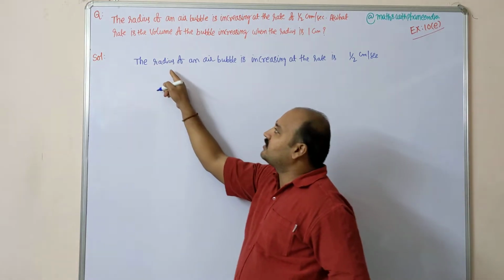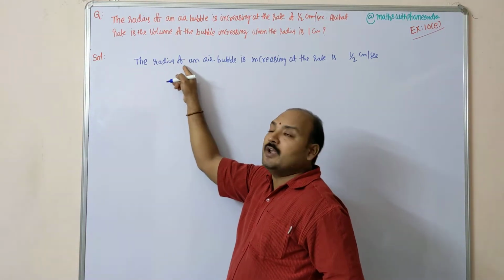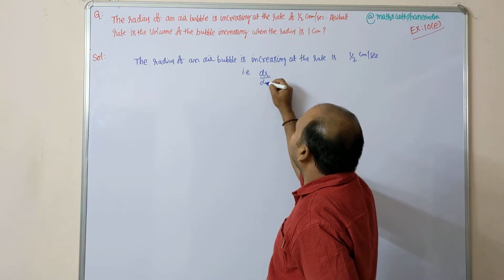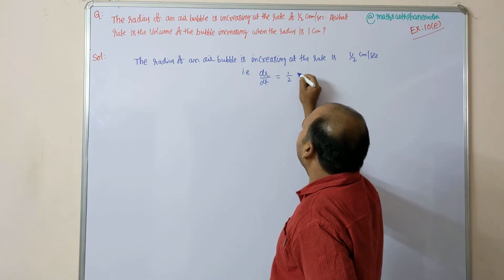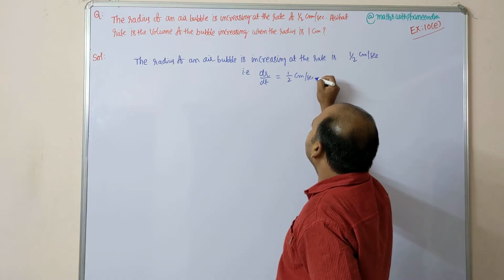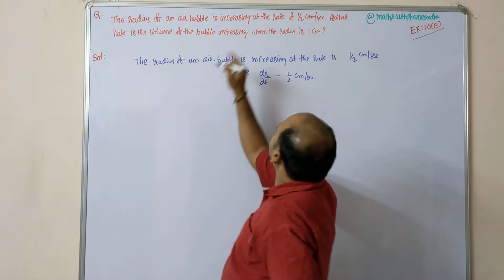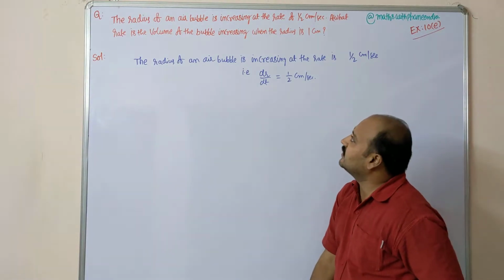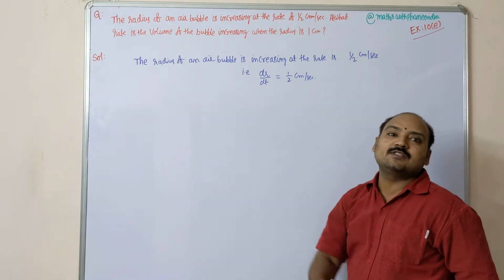That means the change in the radius, so that is dr by dt. dr by dt is equal to 1 by 2 centimeter per second. Next, at what rate is the volume of the bubble increasing when the radius is 1 centimeter?